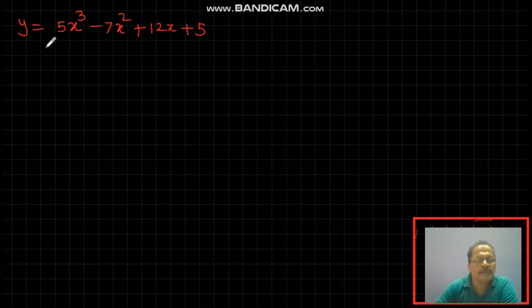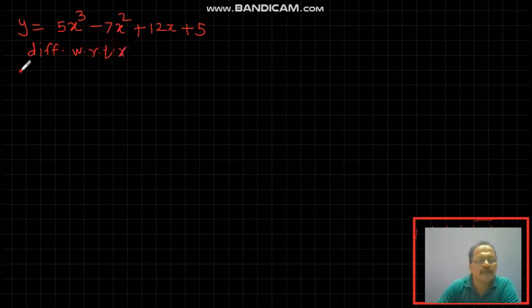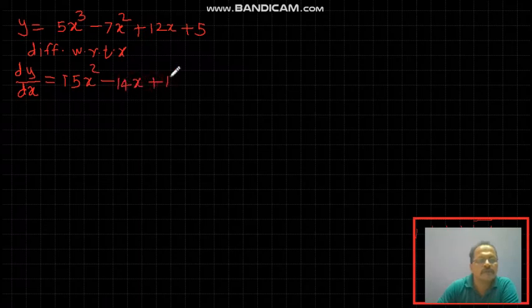Differentiating this with respect to x, we get dy by dx is equal to derivative of 5x cube. 5 as it is, x cube derivative is 3x square. 5 into 3 is 15x square minus 7 as it is, derivative of x square is 2x. 2 into 7 is 14, so minus 14x plus 12, and derivative of 5 is 0.